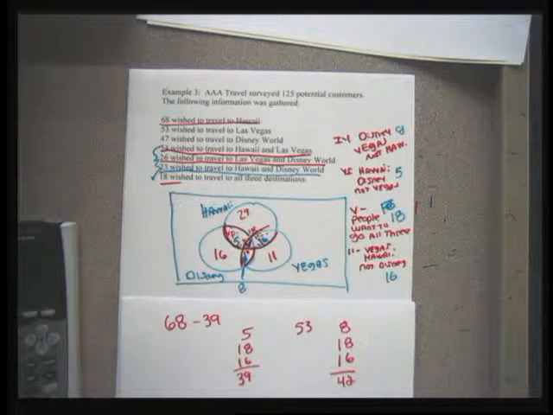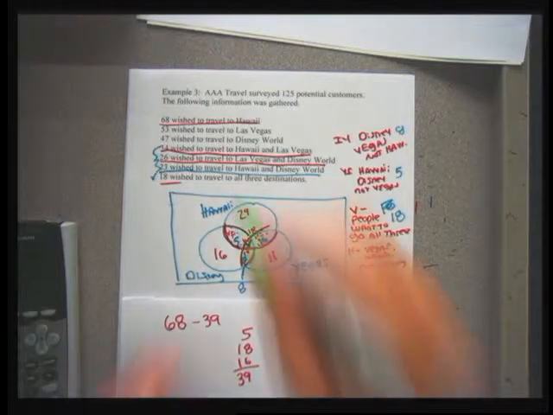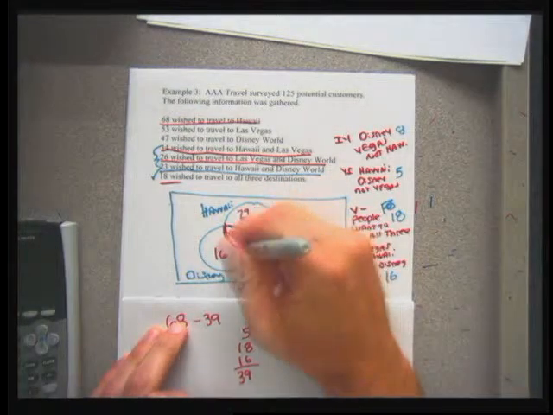So now I have my Venn diagram mostly filled in. I know exactly how many people want to go to each destination, but I don't know how many people don't want to go to any destination. What I'm going to do is take all the numbers in all my circles and add them up.